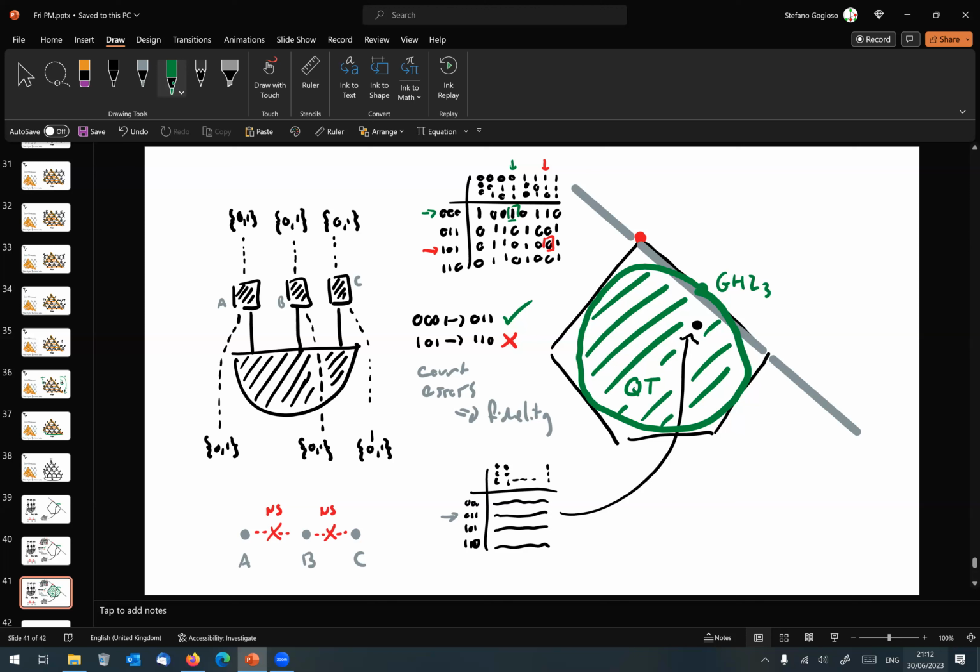And if you want to presume that you have quantum theory, say, because you like to live dangerously, then you can also say that the subset of this polytope that is realizable in quantum theory is smaller.